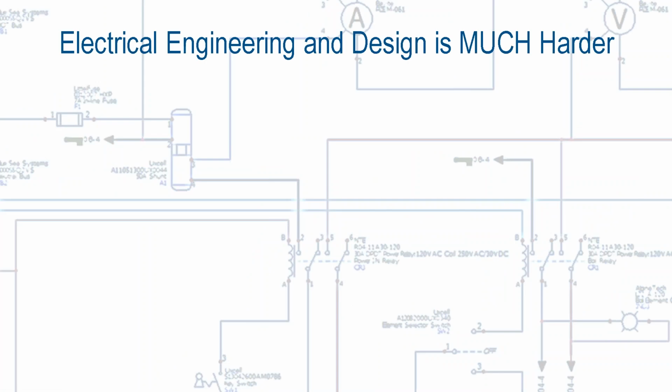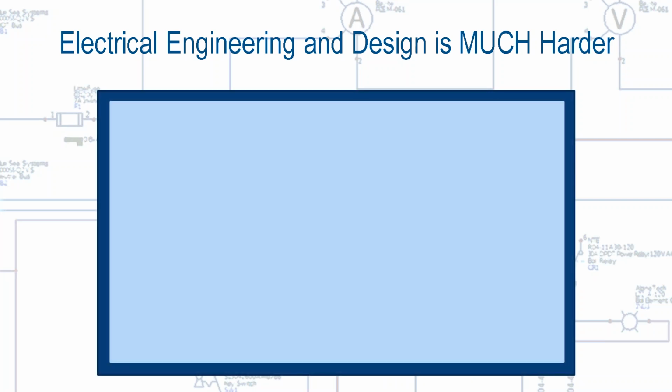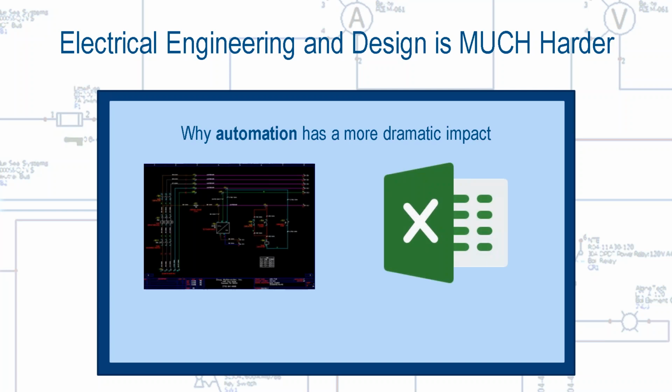We understand that in the work you do in this field, you know this is true. It is a hard job with complex, integrated, and interrelated documentation. It's common to see documentation packages of dozens to hundreds of sheets and pages. And normally what we see with that is that everybody is using disconnected tools.